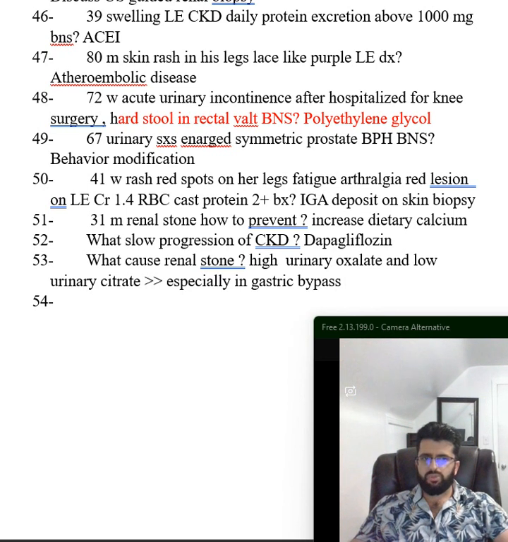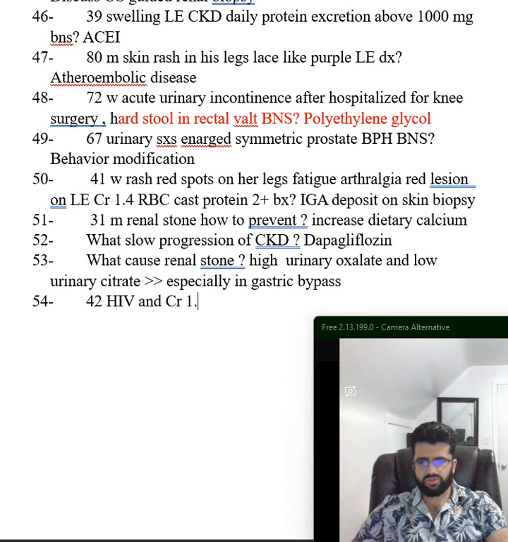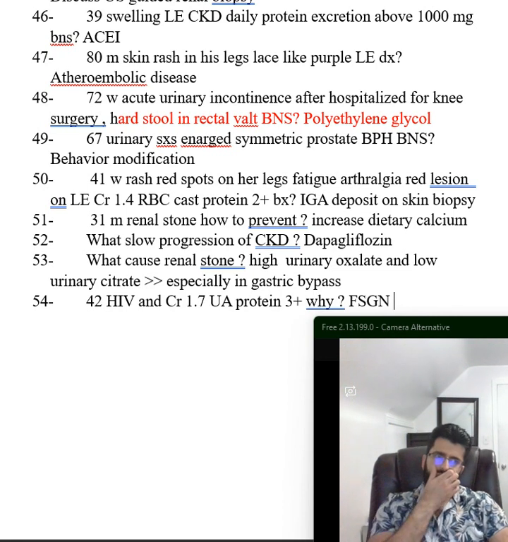Now you have someone like 42 with HIV and creatinine 1.7 and UA protein 3+. They tell you, okay, what's the diagnosis? This one is called focal segmental glomerulonephritis.